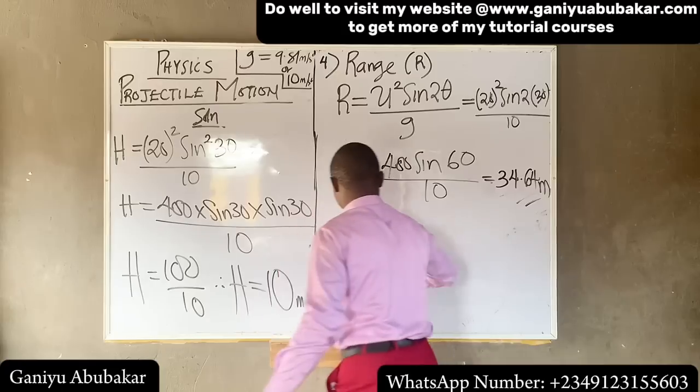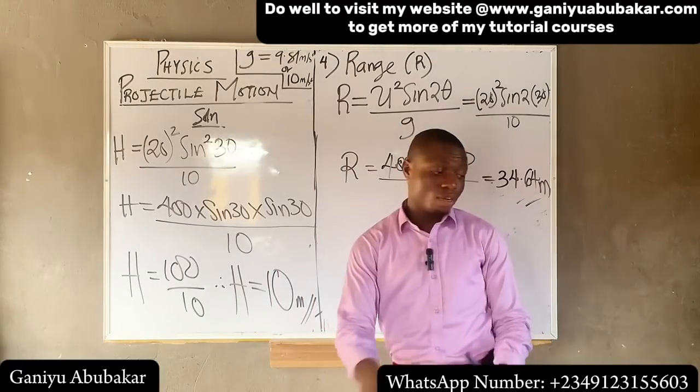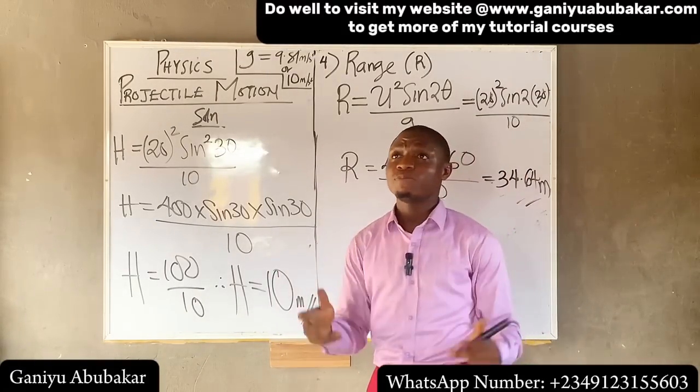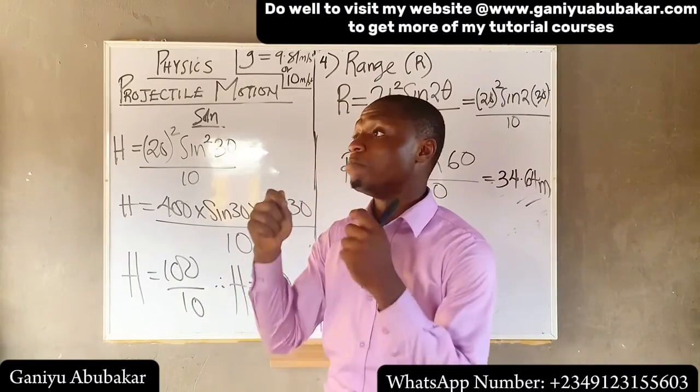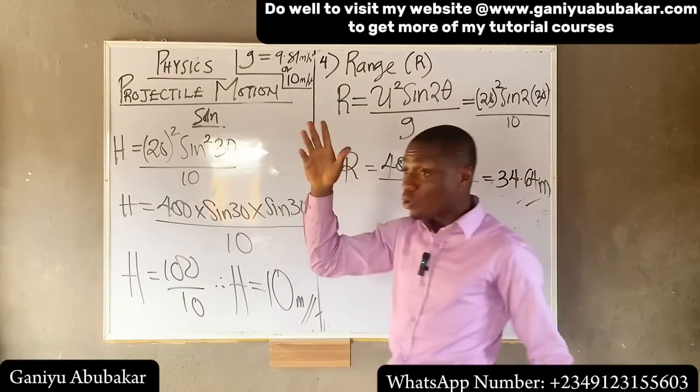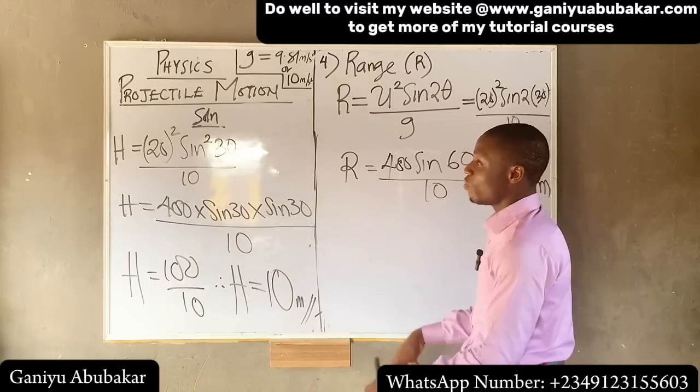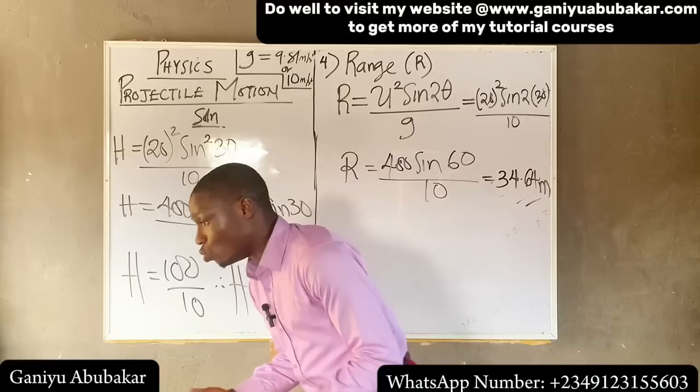So when it comes to JAMB and WAEC concepts, your ability to solve any problems under projectile is that you can recall the mathematical expressions, the formulas for them. If you can't remember them, you are on your own.